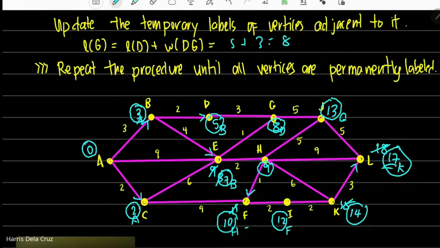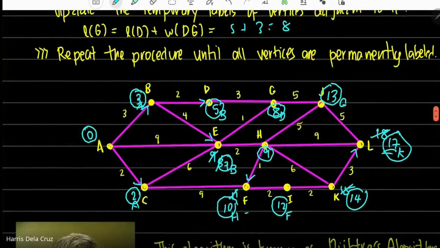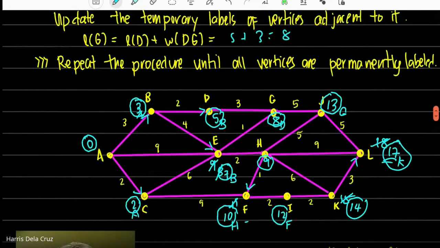Now, paano mo ite-trace yung 17? That's why it's very important na alam mo yung pinanggalingan. Kaya ako nilalagyan ng label, ng subscript. Ibig sabihin, backtrace lang natin. Kung gusto mong makarating mula kay A papunta kay L on the shortest possible way, mula kay L, manggaling ka kay K. So, ito yun.